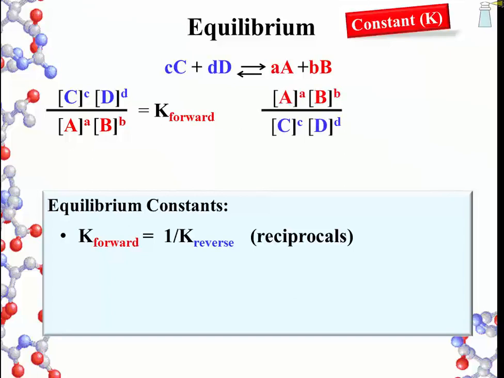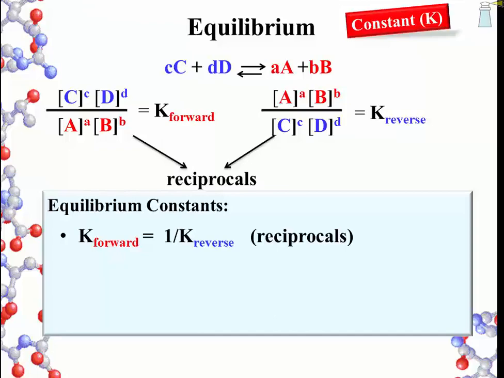Its equilibrium constant can be called K reverse. Both K forward and reverse are dealing with the same reaction, but when the reaction is written in one direction versus the other, the ratios are reciprocals of each other. That is, flip one over and get the other one.